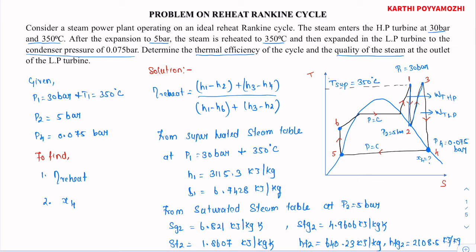These values are taken from the saturated steam table. Since the temperature at the state point 2 is a saturated temperature, we are taking the values from the saturated steam table at pressure P2 equal to 5 bar.